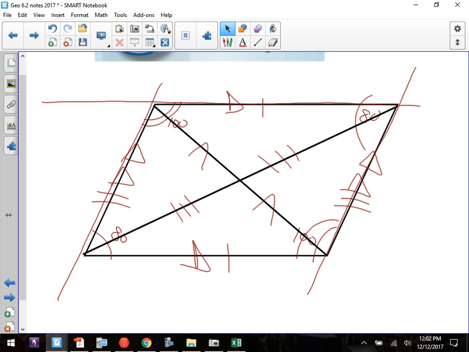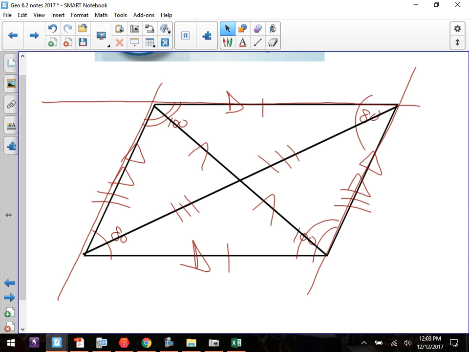And what's going to happen is that every single one of the parallelograms that we talk about throughout the next 4 or 5 sections, if it's a parallelogram, it'll always have these properties. What's going to change is that within each shape, there's usually one or two other more specific things that can happen. For example, what happens when you have congruent angles?